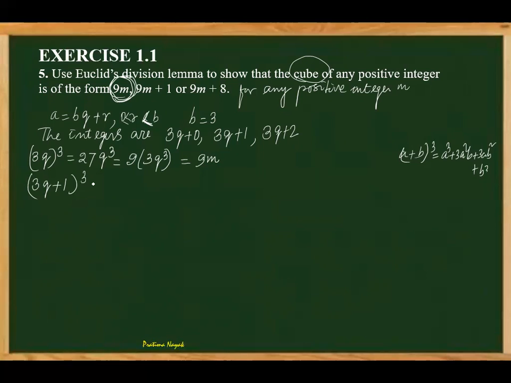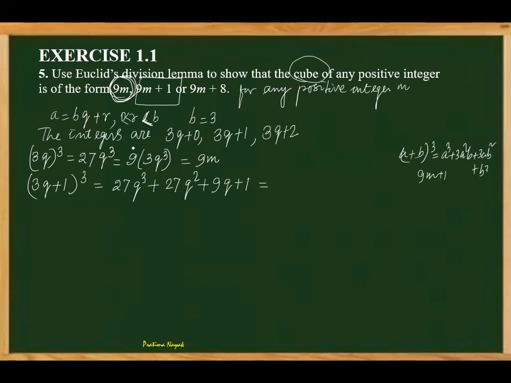Next, coming to 3q plus 1 whole cube. First I'll put the formula very correctly. It will be 27q cube plus 3 into 9q square, that is 27q square, plus 9q plus 1. Then what will I do? This will be of the form 9m plus 1.